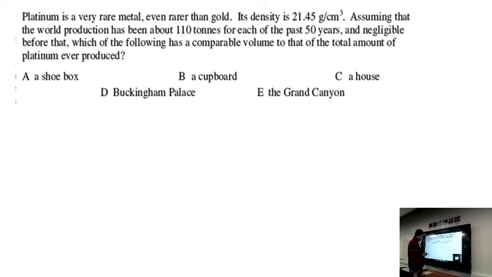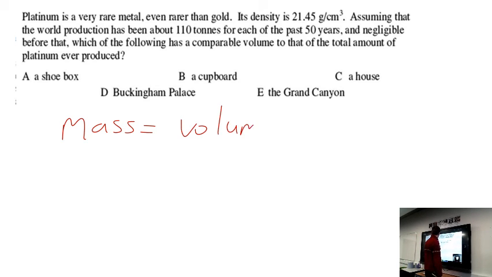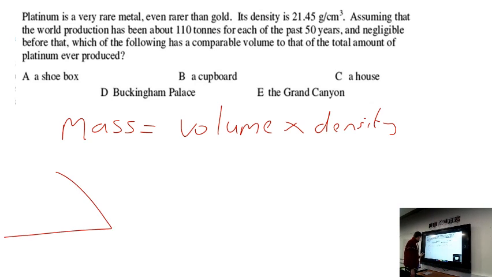Okay, so we really need to remember the formula. So mass is equal to volume times density. Okay, you can use the triangle if you prefer. So this is your mass, this is your volume times density.